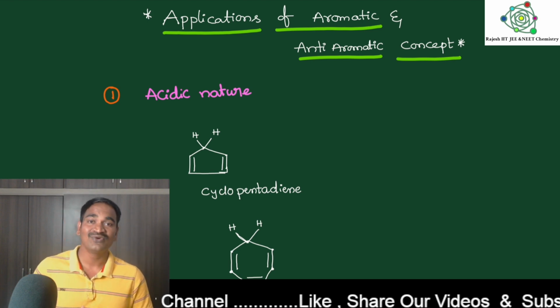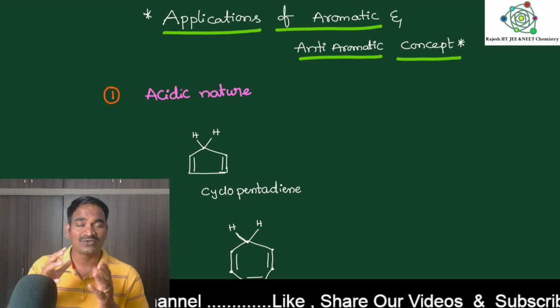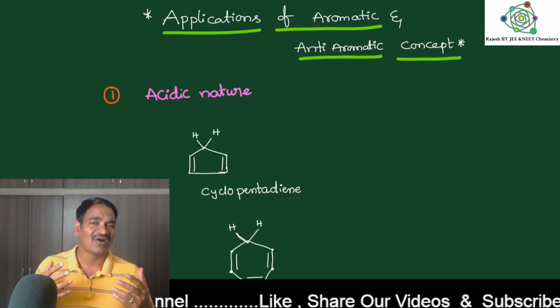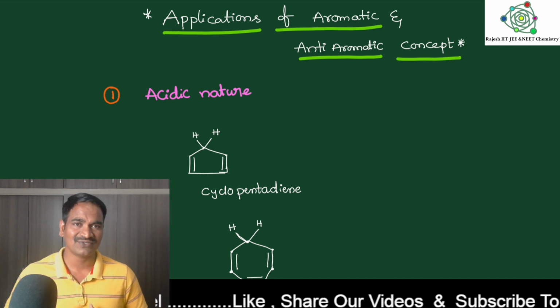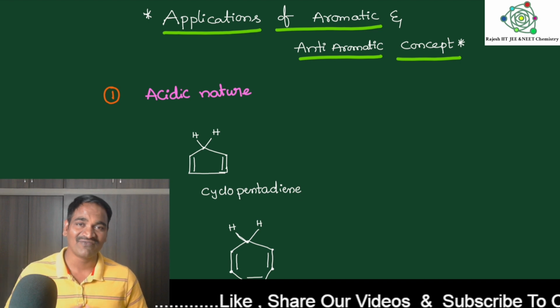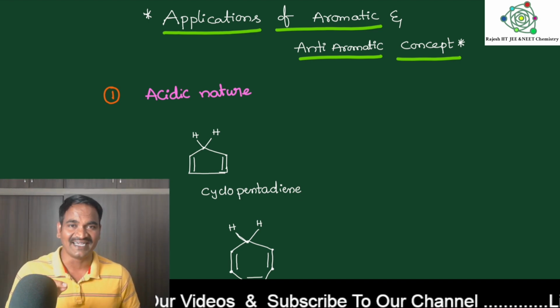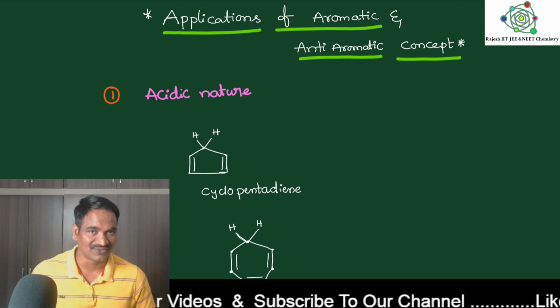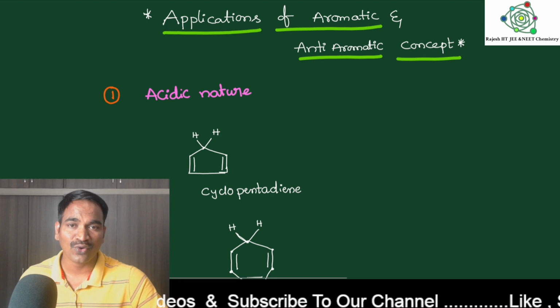Right. Now the concept which we have learned briefly, we need to apply. So aromaticity or anti-aromaticity, where can we use it? With one example, we will have clarity here. By using this concept, we can decide the acidic nature of compounds. Okay. So here I am taking cyclopentadiene.